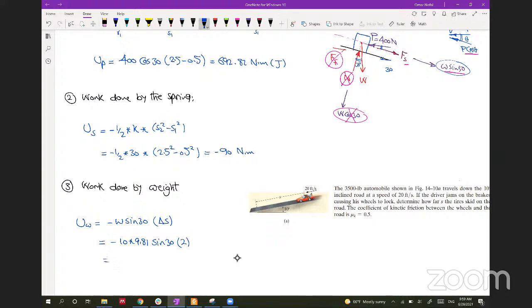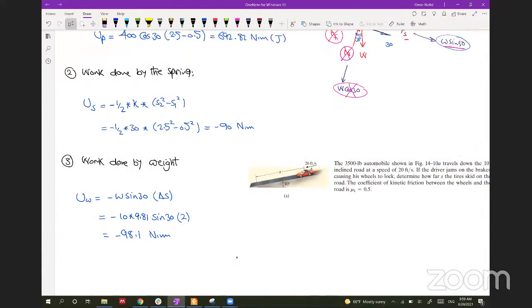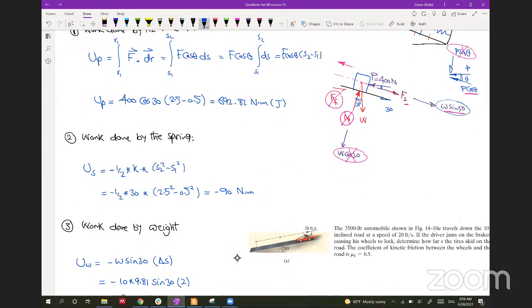This will give us negative 98.1 newton meter. As I told you, there is no friction, because if there were friction, it should be included, and it would have negative work. And the normal force is perpendicular, so it doesn't exert any work.